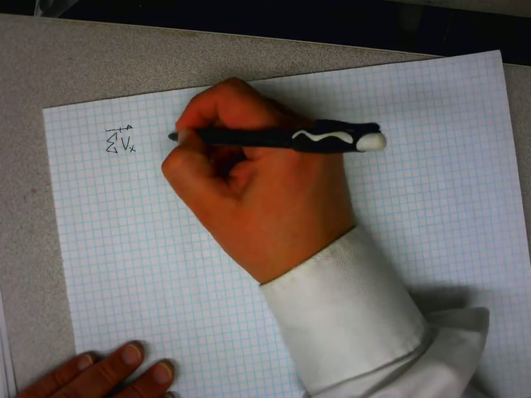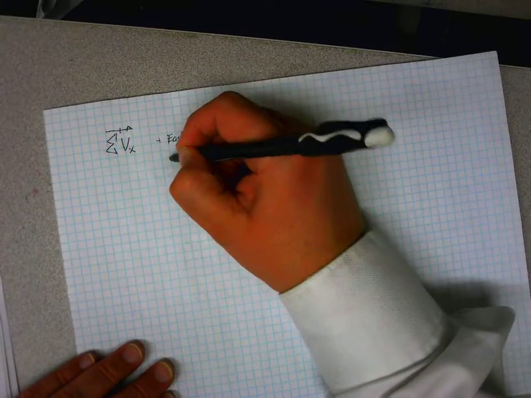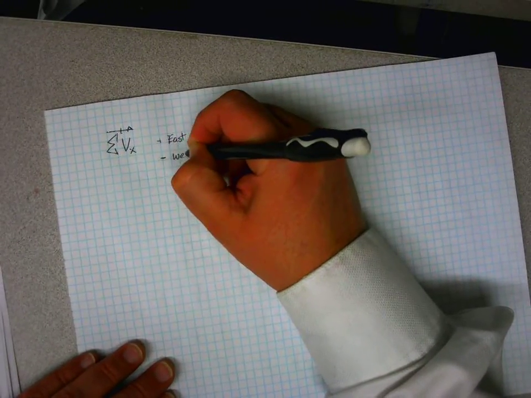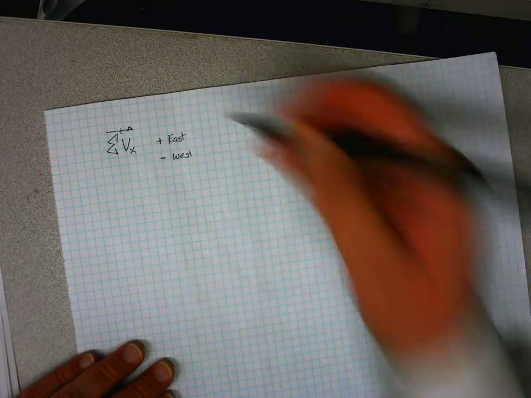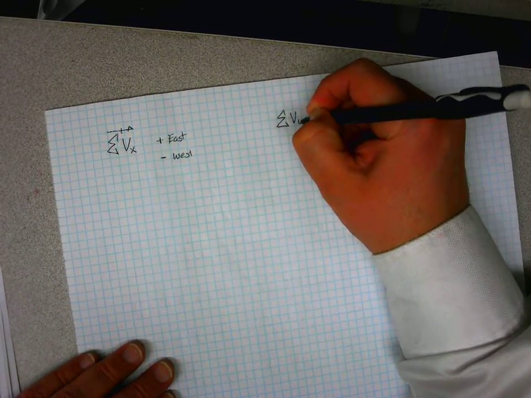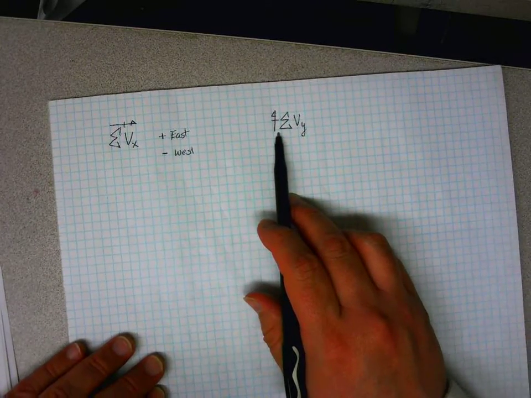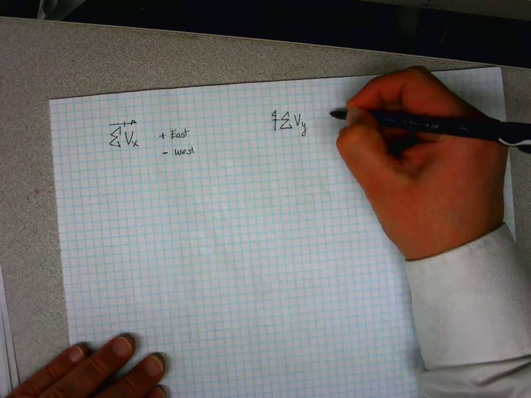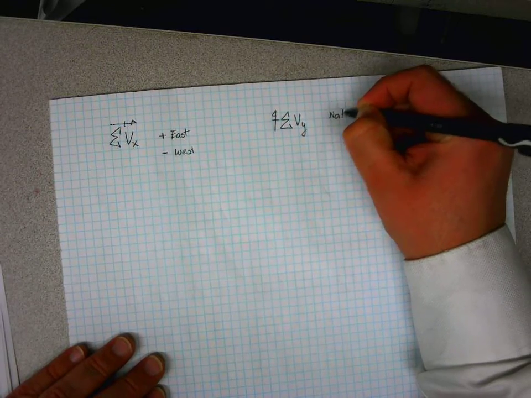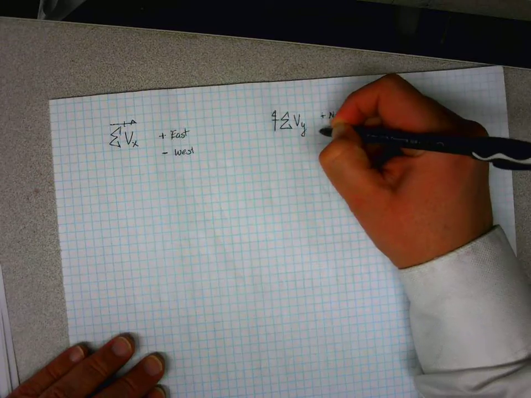That means anything in the east direction is positive, and anything in the west direction is negative. We also have a rule that the summation of the vectors along the y direction, where everything going up is positive. So anything going north is positive, and anything going south is negative.